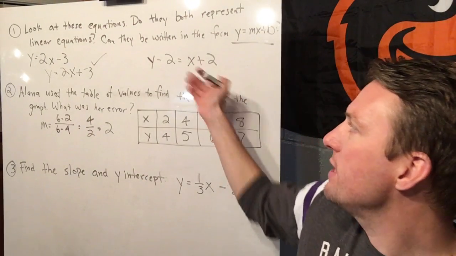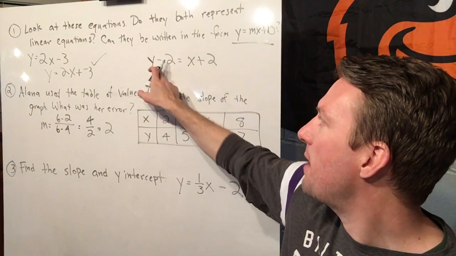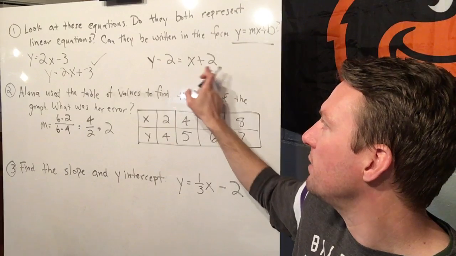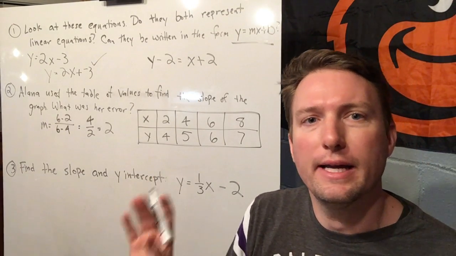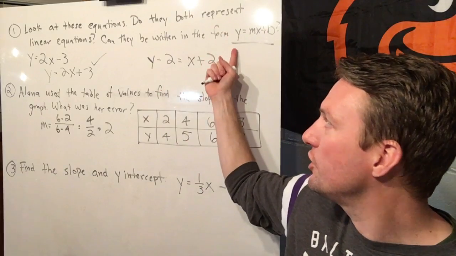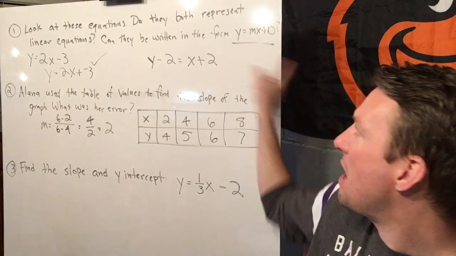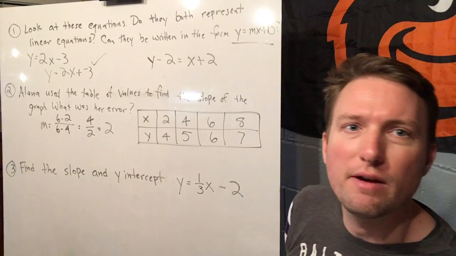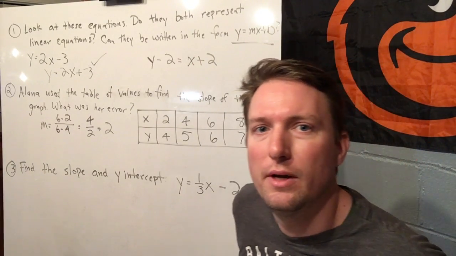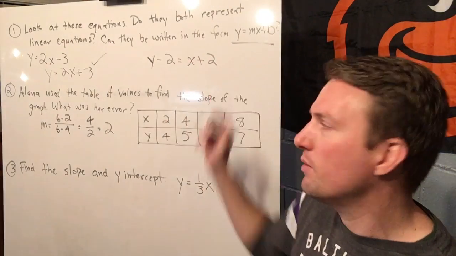Now, equation number 2, y minus 2 equals x plus 2. And again, all this question is asking you to do is turn this equation into a linear equation by following the structure, y equals mx plus b. So we just need to rearrange the things here to have it reflect this equation.